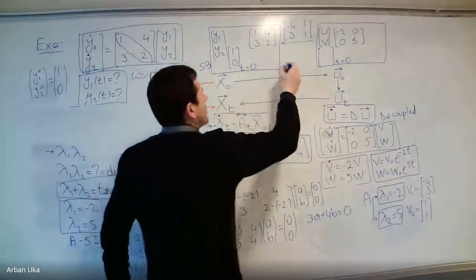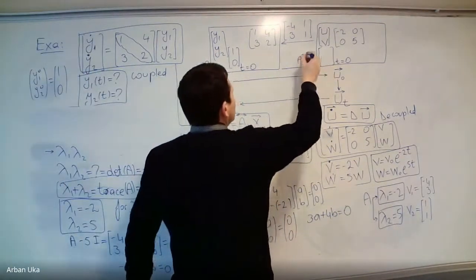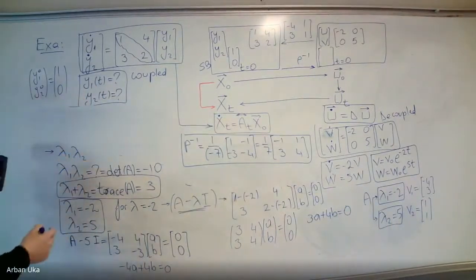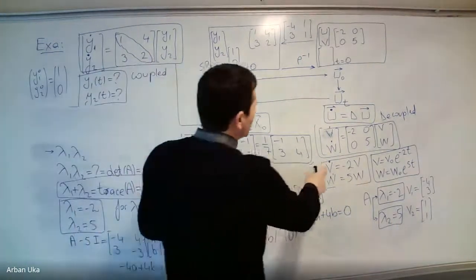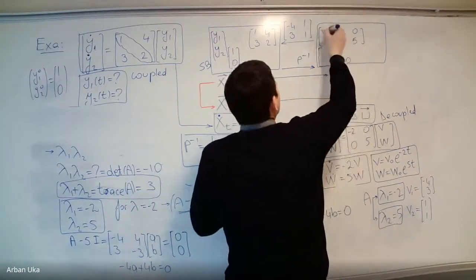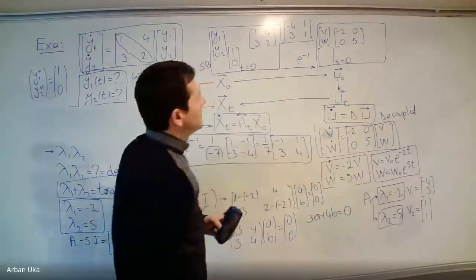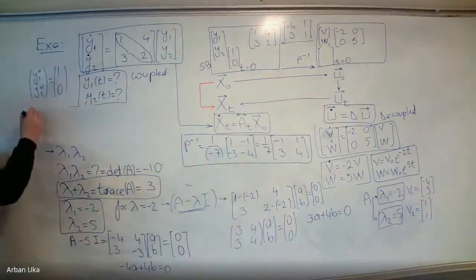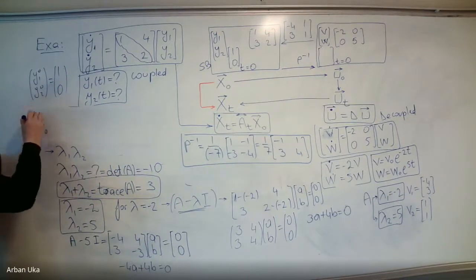How can we move this way? We move it with P inverse. We wrote this as V and W. These are just random variables. It's better if we write V and W because we might be confused with u, etc. So let's write it like this: V0, W0.